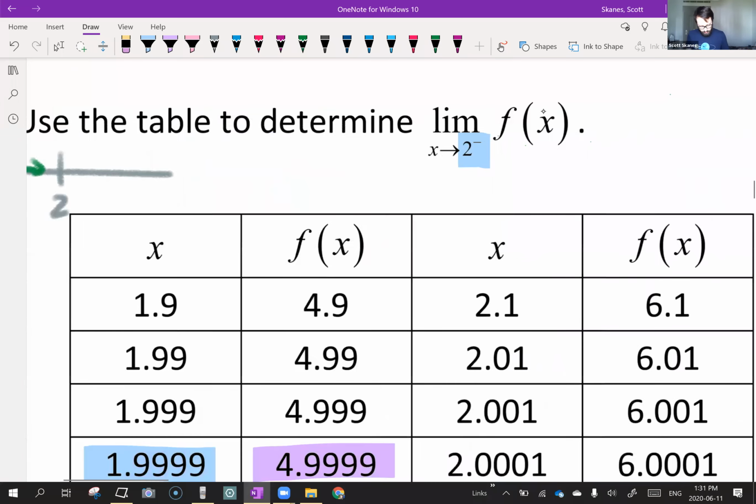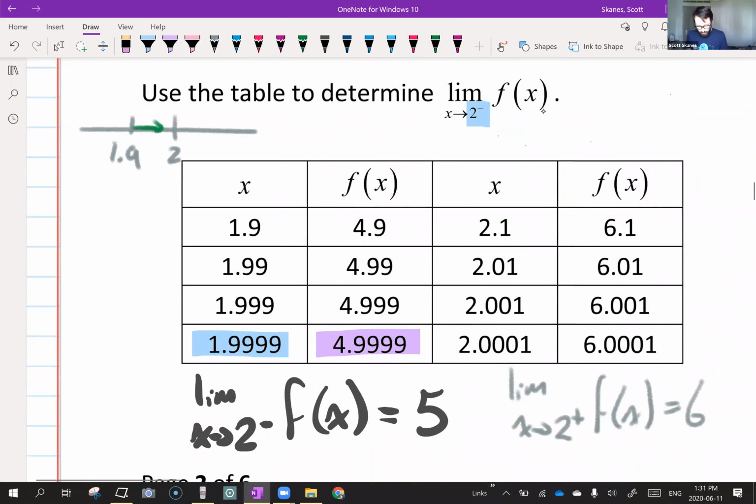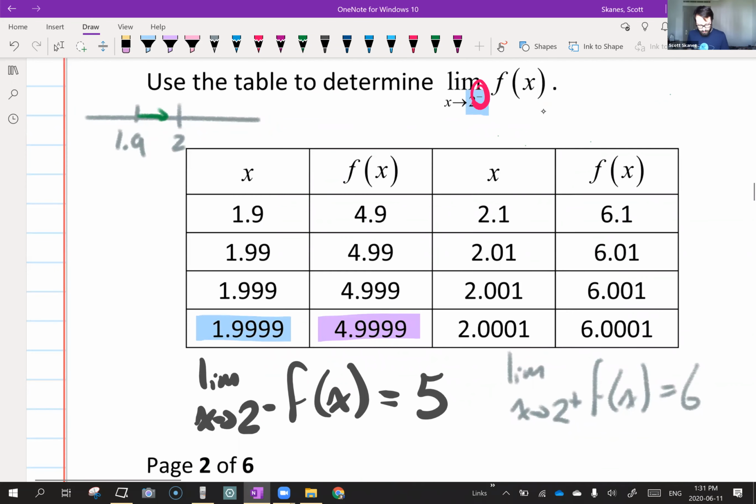This table asks you 2 from the left. That's what that little minus means. So I'll keep my colors consistent. Those are the differences. And yeah, sorry, I didn't catch what you meant, but I understand it now.